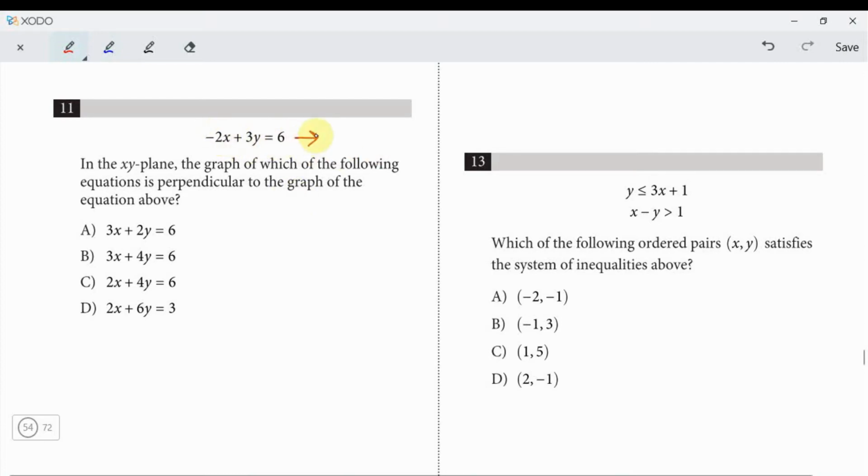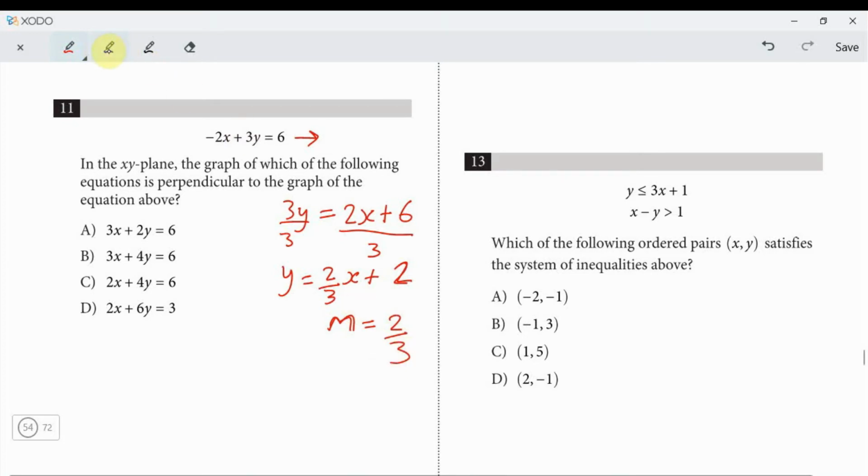Bring the 2x to the right side, so 3y is equal to 2x plus 6. Divide both sides by 3, and we get y is 2 over 3x plus 6 over 3, and 6 over 3 is 2. In other words, the gradient of this line is equal to 2 over 3.